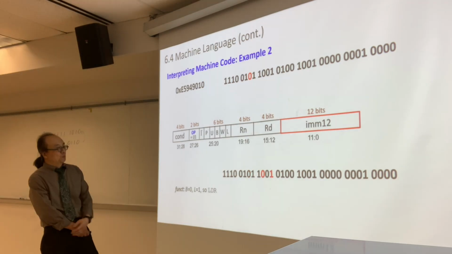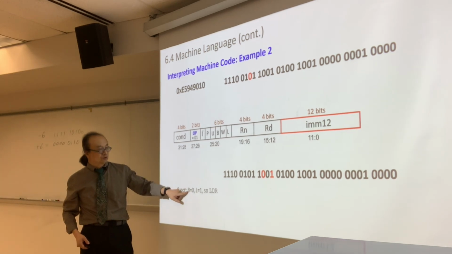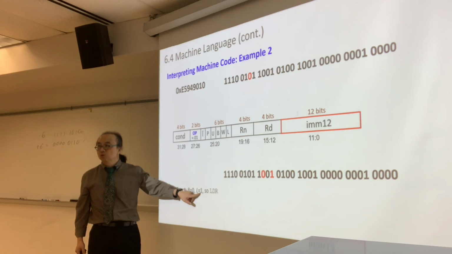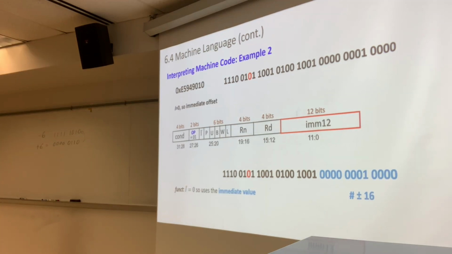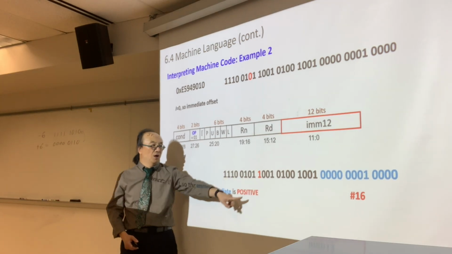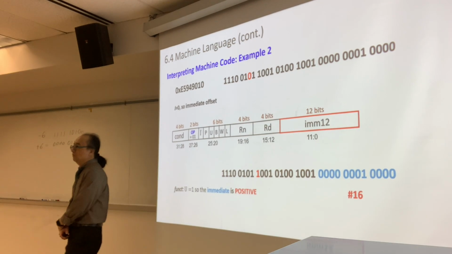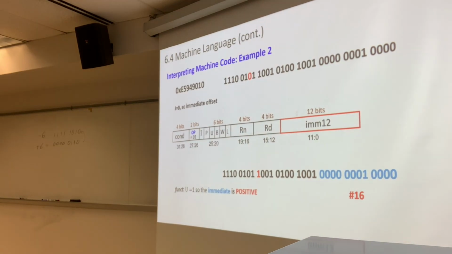We're going to look at B and L, 0 and 1. There's no byte, but L equals 1. Therefore, it's LDR. And then the immediate is going to be 16. Could be minus 16. So how do you know which one? We need to look at U. It is 1. Therefore, it's positive. So we're going to add positive 16 as an immediate offset value.